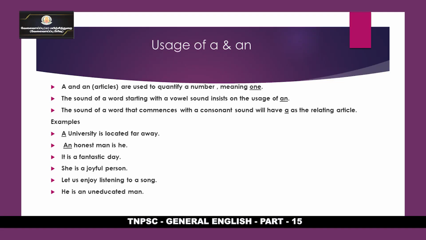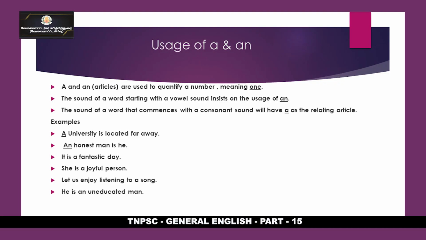Now look at the examples. Here, university begins with a vowel letter, U, but it is not considered a vowel sound because the sound in pronunciation is yoo-niversity, which is Y. So, a university is located far away instead of an university.